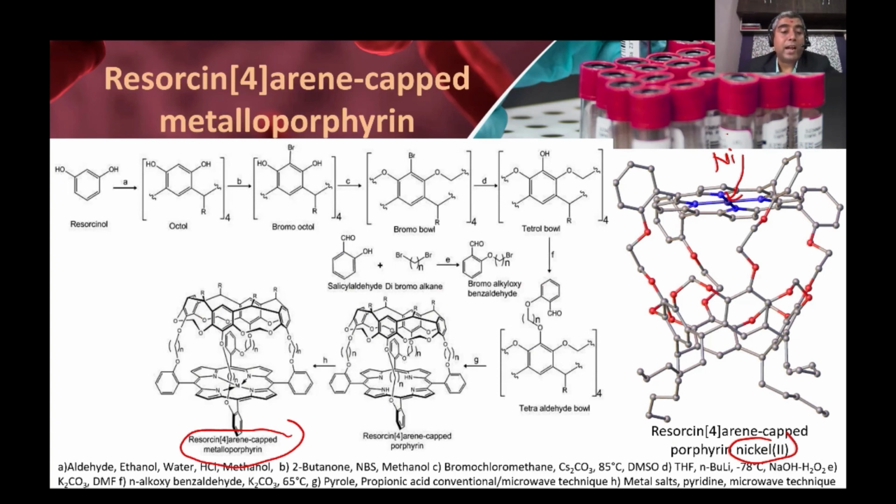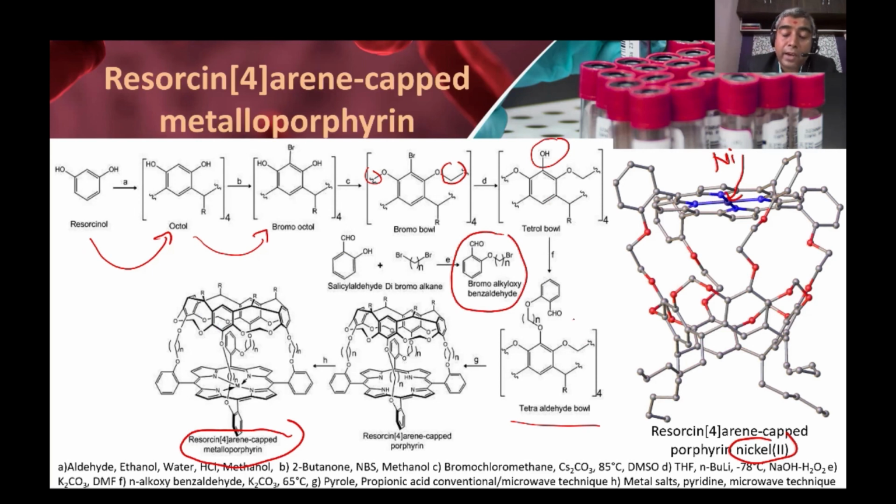The synthesis starts with resorcinol, which is converted into octol. Bromination of octol at the second position gives bromooctol. Then the ball closing reaction. This upper side is closed, so it is a fixed, not flexible ring. Bromoball is converted to hydroxyl ball, and this hydroxyl compound reacts with bromoalkyloxybenzaldehyde, giving tetraaldehyde ball.